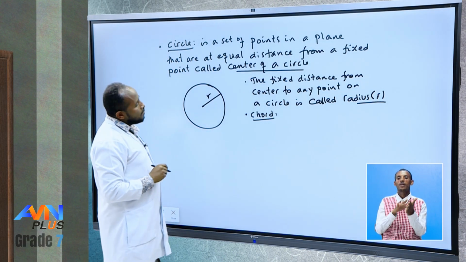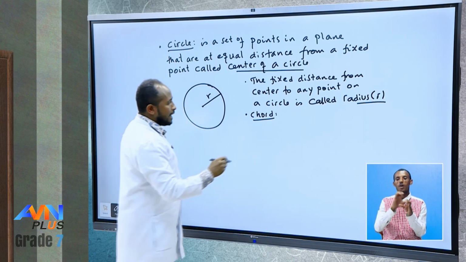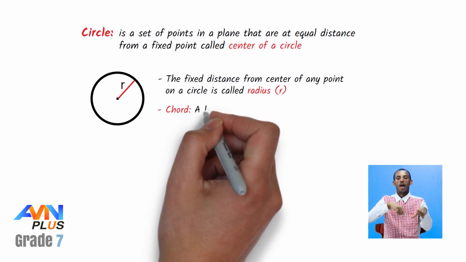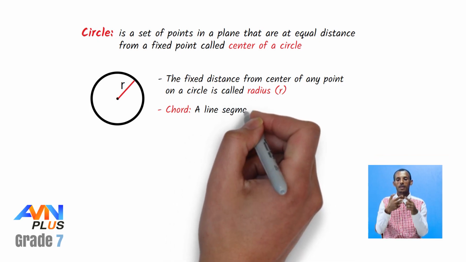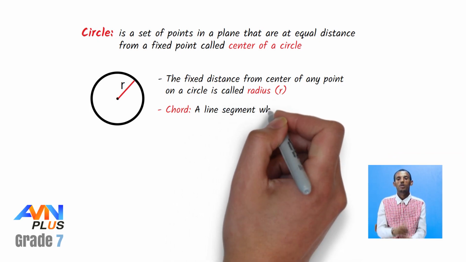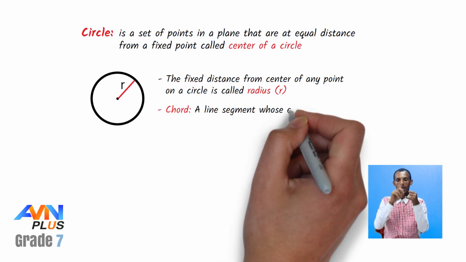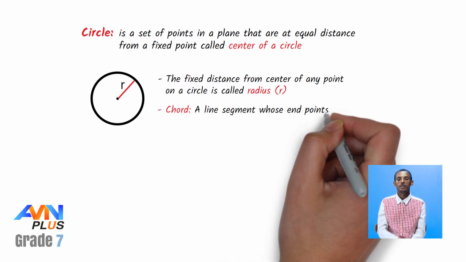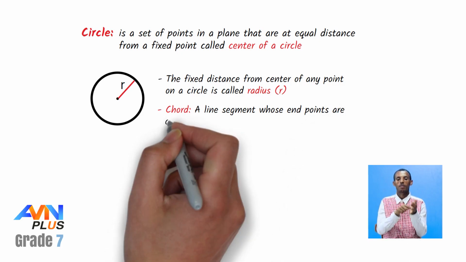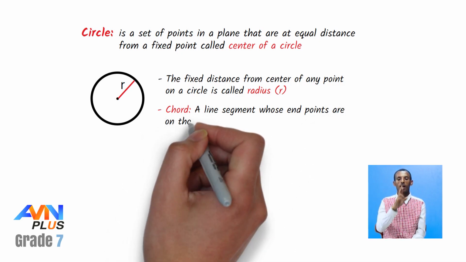A chord is a line segment whose endpoints are on the circle.